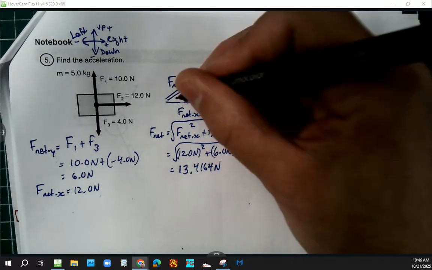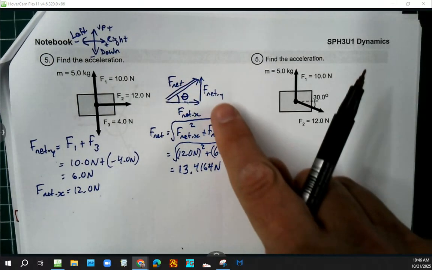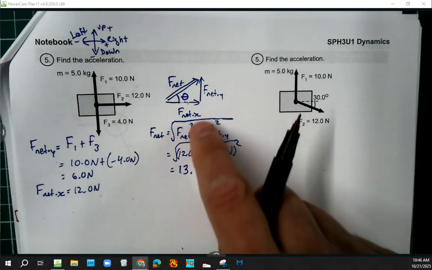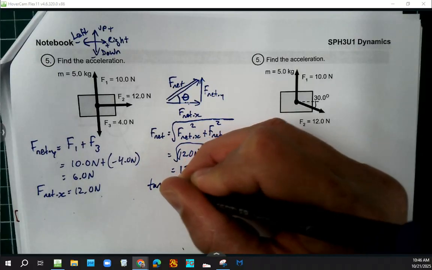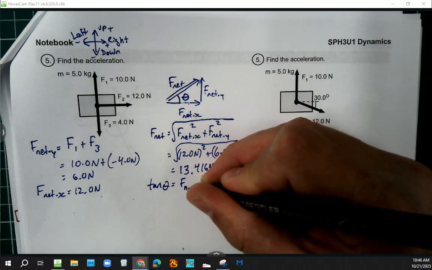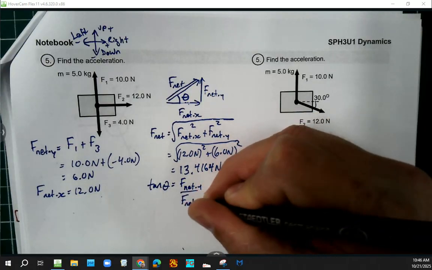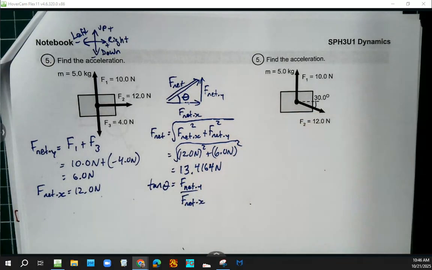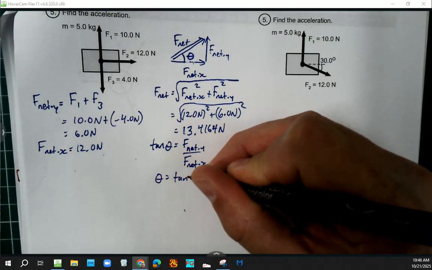If I want to get this theta value, though, I would recognize that F net y is my opposite and F net x is my adjacent. So I'm going to use tan theta equals F net y over F net x, opposite over adjacent. Theta equals tan inverse.